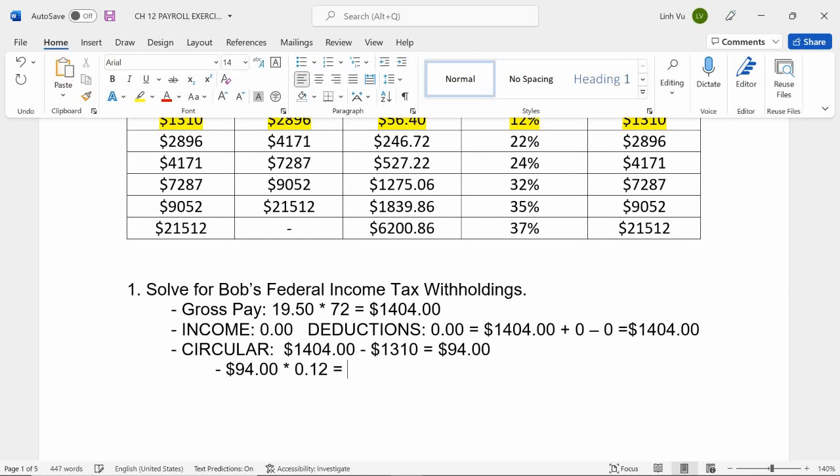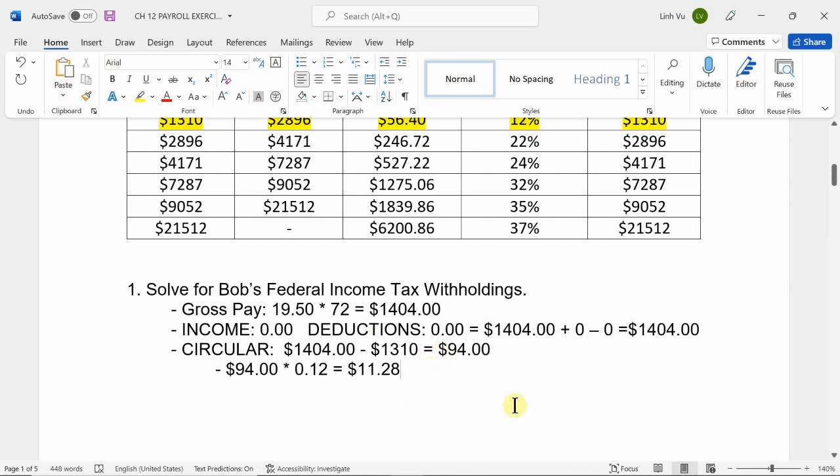That comes to $11.28. That's how much, because he earned extra money, he got taxed.